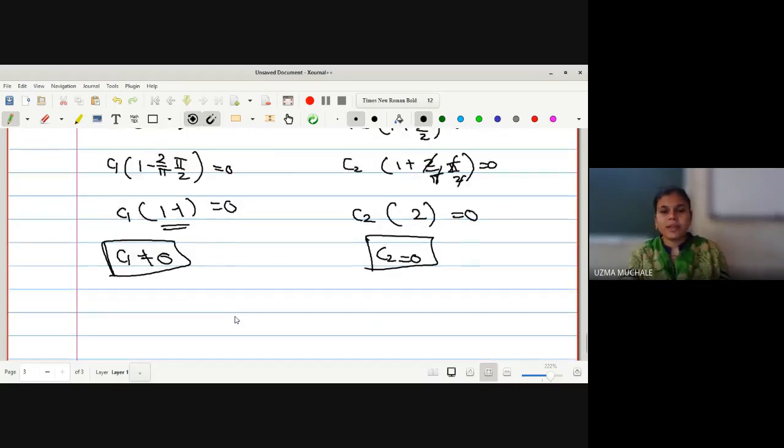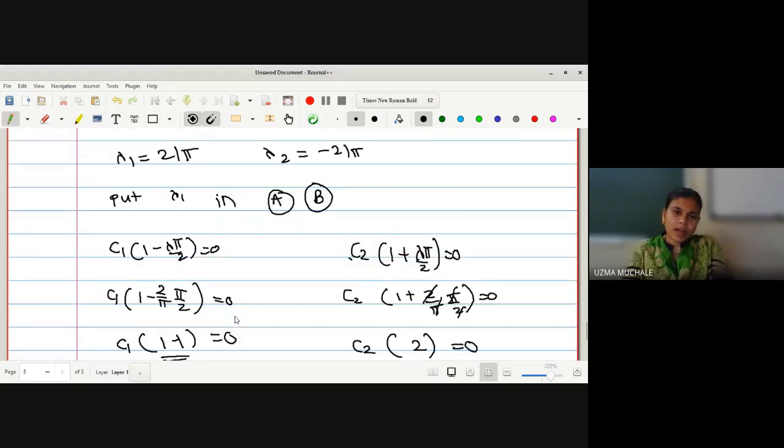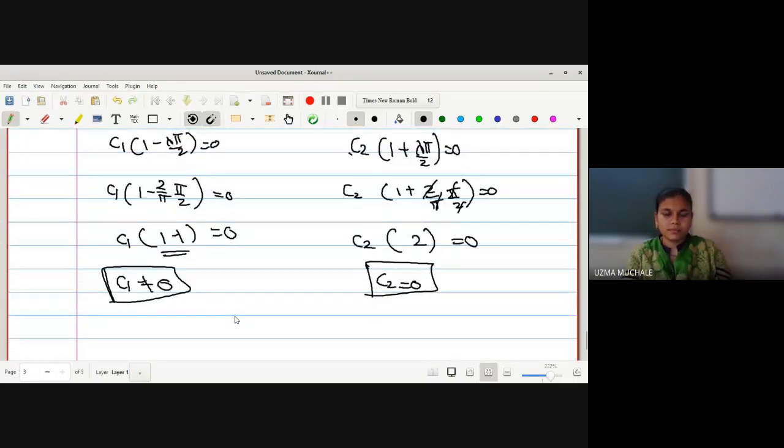Have you got the same values of C1 and C2? C2 is 0, C1 is non-zero, some arbitrary number. Similarly, you have to work for lambda 2 in our equations A and B. Tell me the values of C1 and C2.